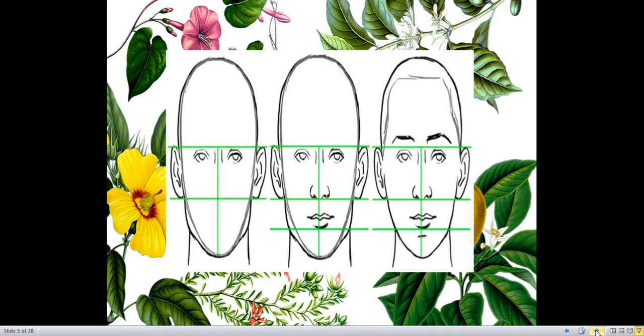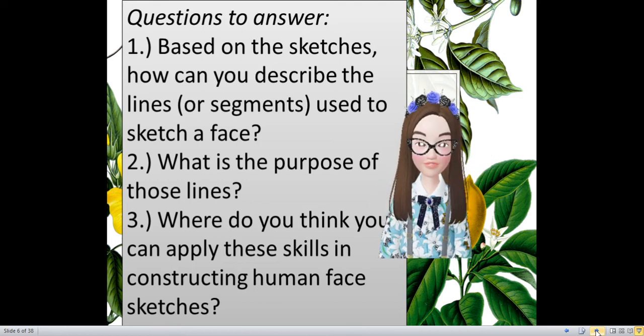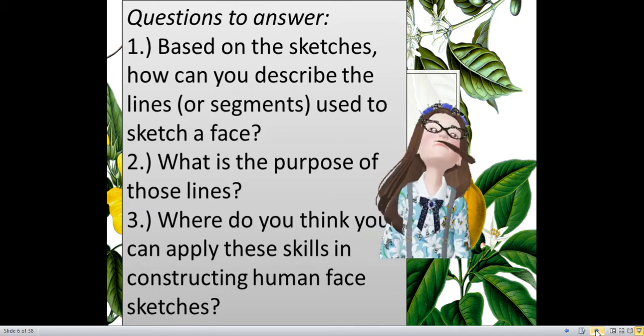Try to observe these human face sketches. After observing that, I want you to answer the following questions. First, based on the sketches, how can you describe the lines or segments used to sketch a face?